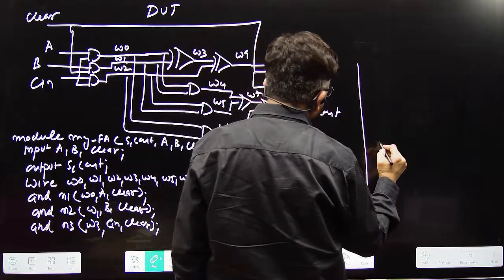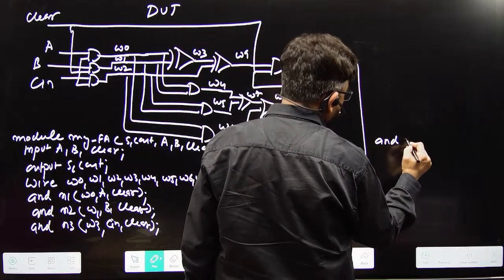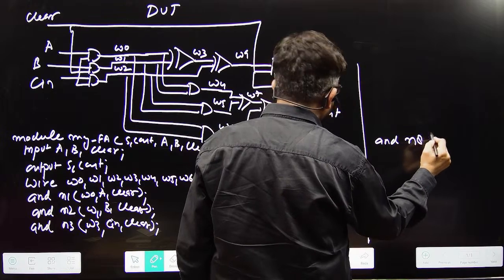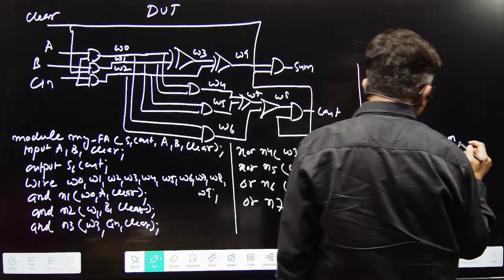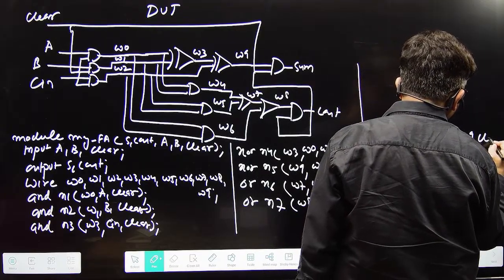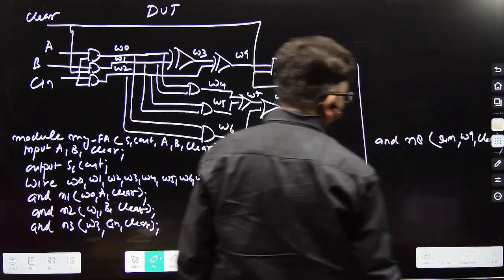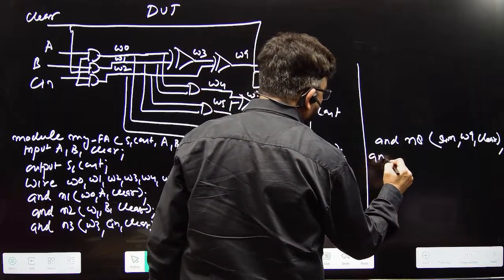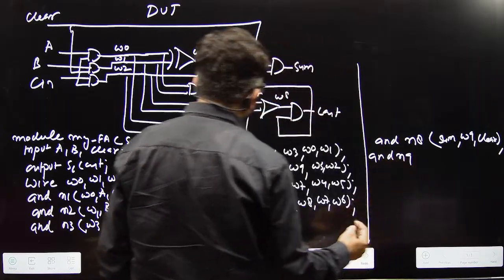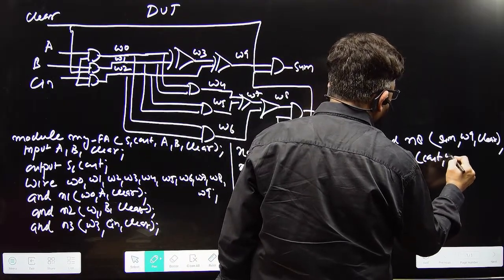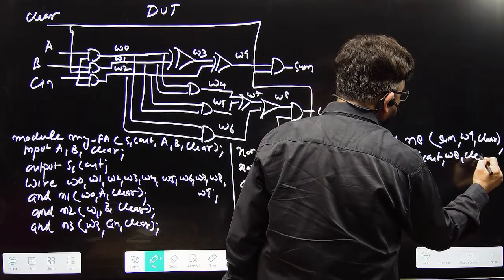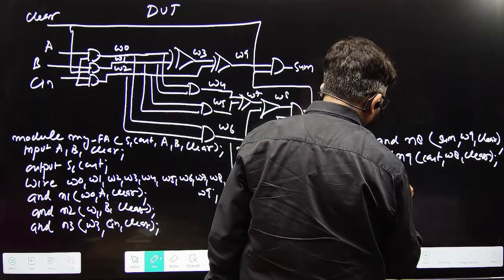This AND gate is your AND N8 sum, W9 and clear. Okay, and then again you have AND N9 C out, W8 and clear. Okay, and then end module.